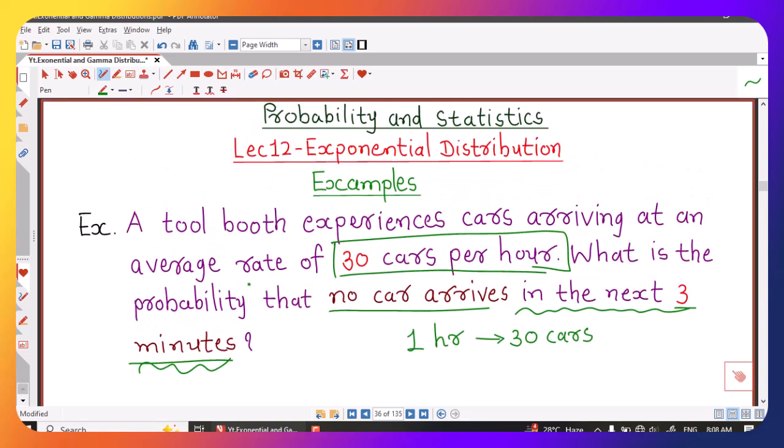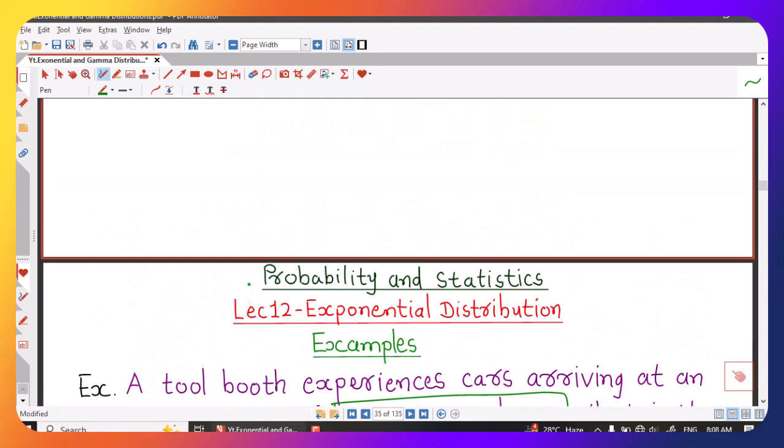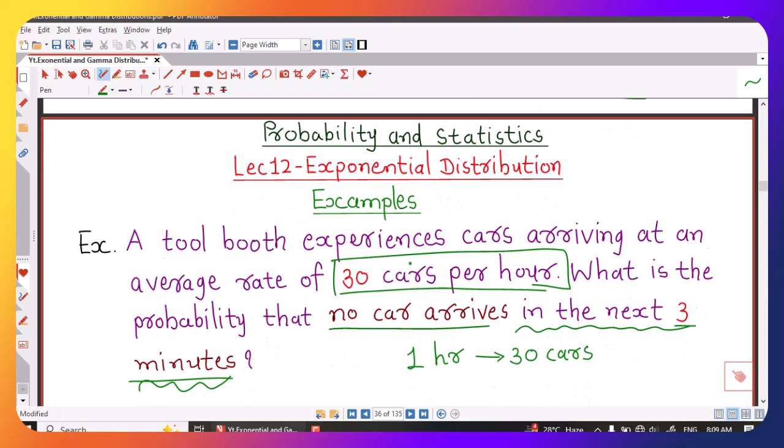So this problem can be done using exponential distribution, and we can do the same problem using Poisson distribution also. In this lecture we will solve this problem using both the distributions, exponential as well as Poisson.